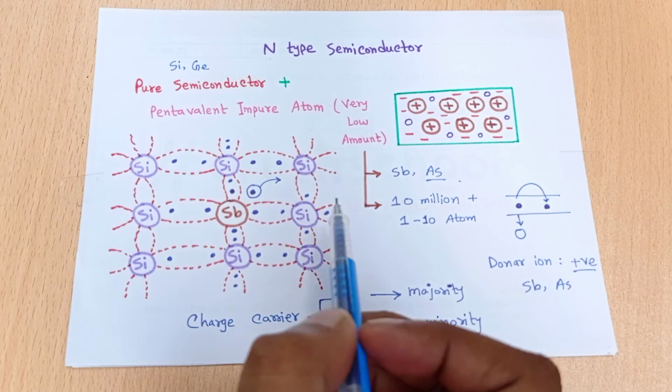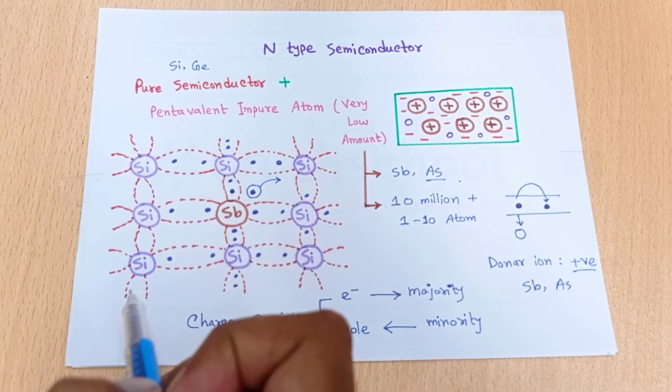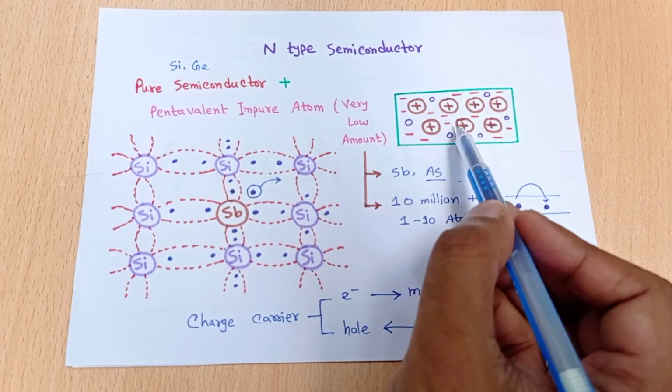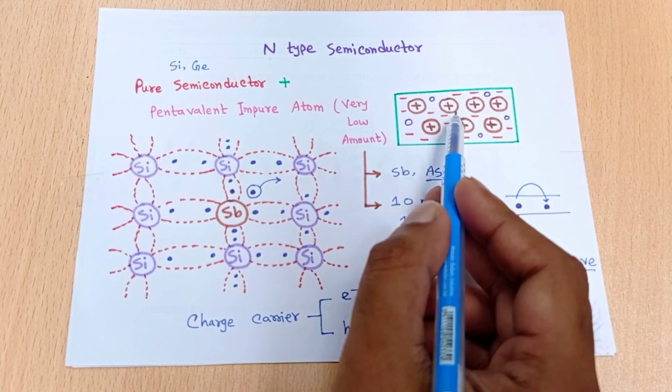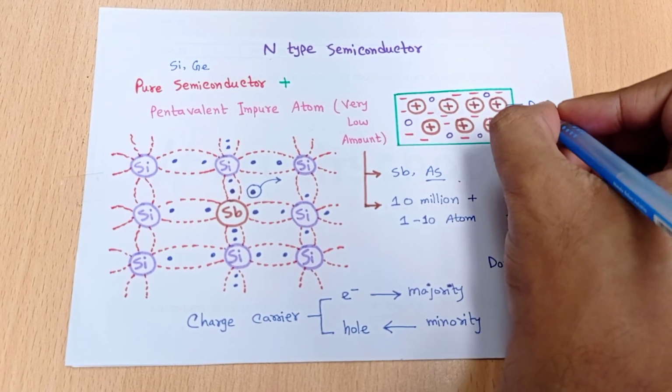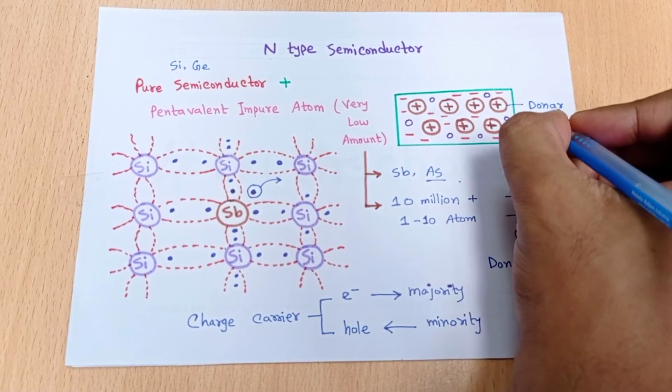So you have to use more than one impure atom. So here are the number of antimony or arsenic atoms, and this positive charge is coming from that antimony or arsenic. So those are our donor ion.